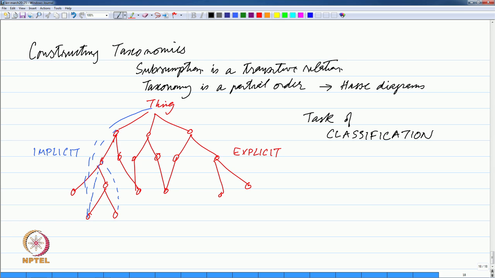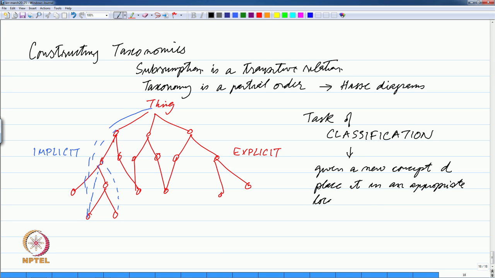By classification we mean, given a new concept, let us call it D, place it in an appropriate place in the taxonomy.